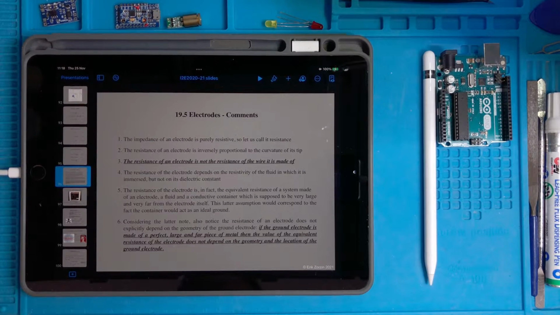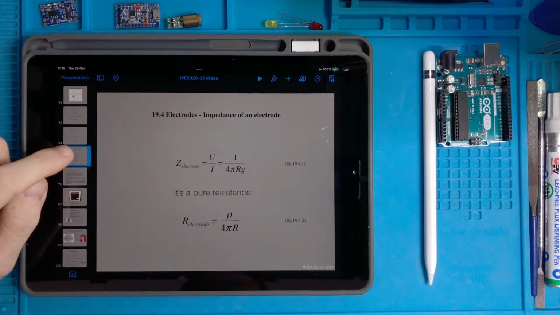Hello. So last time we were speaking about a simple model describing, at least from a qualitative point of view, but not really qualitative because we also have a formula, the concept of impedance of an electrode. So I just want to go one slide back.